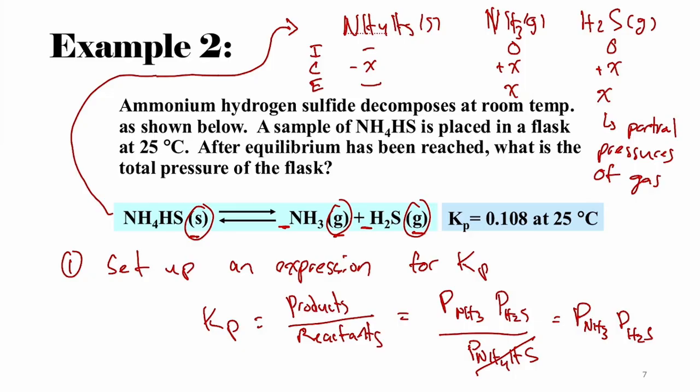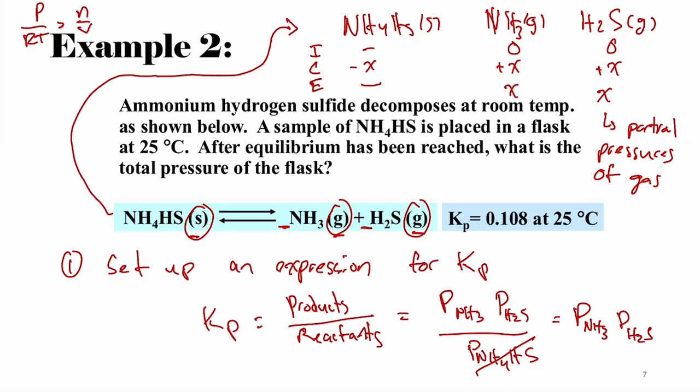We can write the concentration in terms of the pressure of the gas, right? The concentration and the pressure are related to each other. Remember, P over RT equals n over V, the moles over volume, which is just the concentration, and that's related to the partial pressure. Kp was the equilibrium constant when we're looking at pressures in terms of gaseous reactants, right? So x in this case represents the partial pressures at equilibrium.